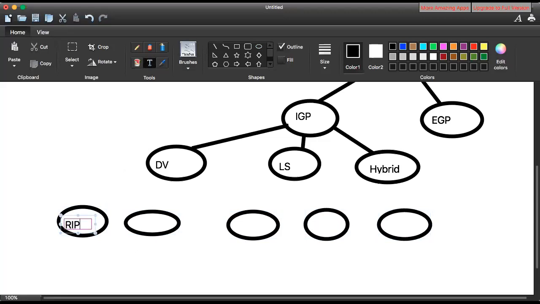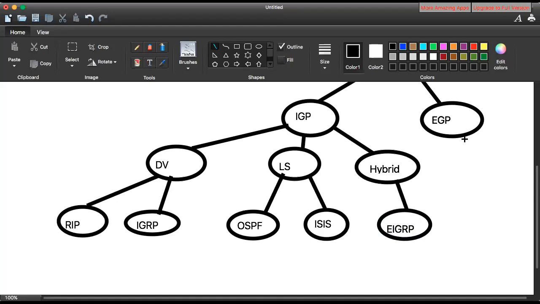So RIP, IGRP, OSPF, ISIS, and EIGRP are the actual protocols. RIP is distance vector, IGRP is distance vector, OSPF and ISIS are link state protocols, and EIGRP is a hybrid protocol.